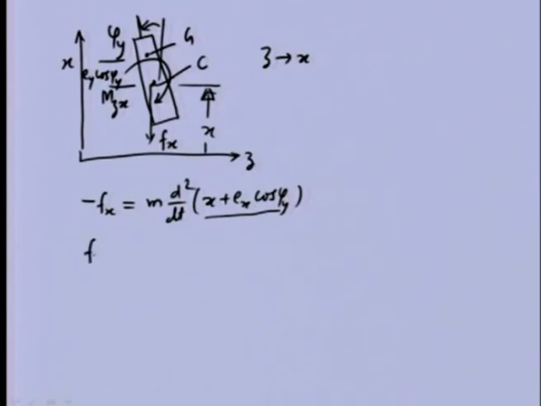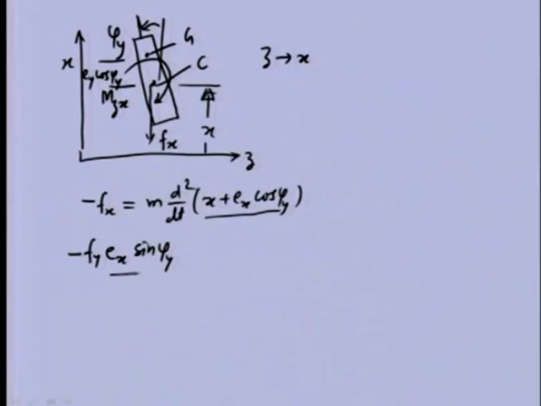The F y is acting opposite to the tilting, because we are taking moment about G. So this particular f x will give a clockwise moment. So this is E x sin phi y.